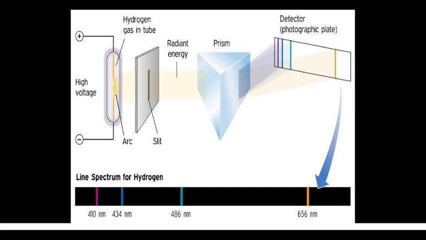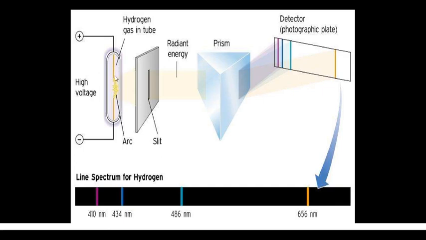So this is the picture showing the hydrogen spectrum. Here the hydrogen gas is taken in a tube and a high voltage is applied. What happens? Hydrogen gas splits into atoms. These atoms either absorb energy and go to a higher excited state, and from there they come back to the lower energy state by emitting energy.